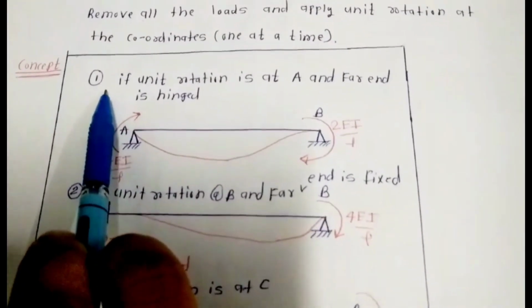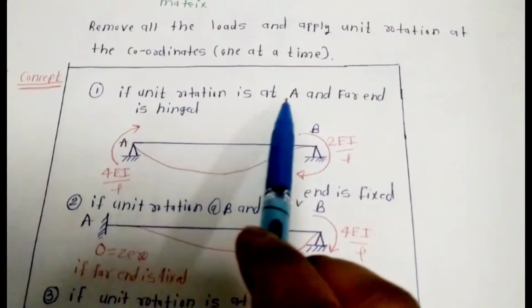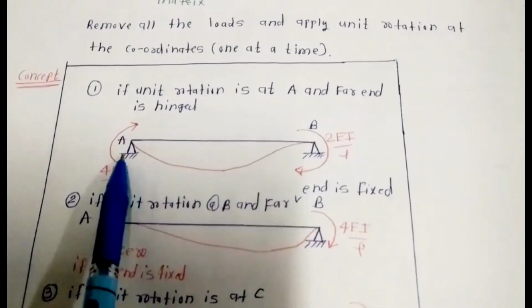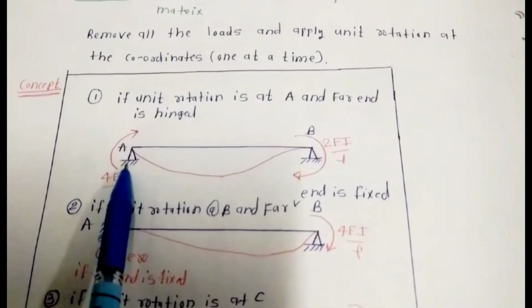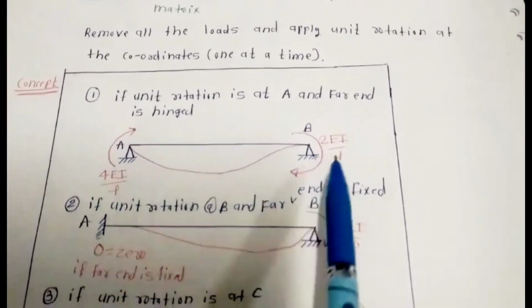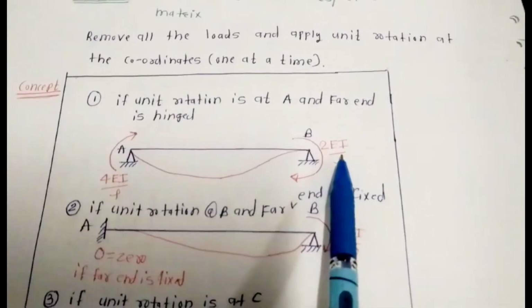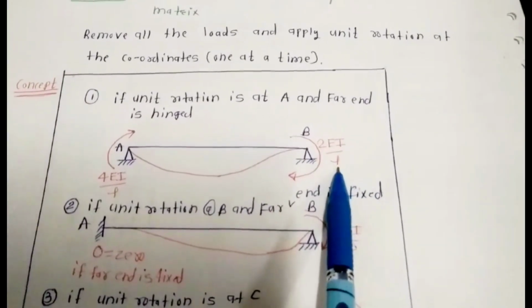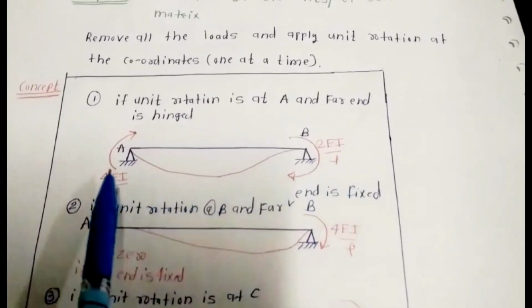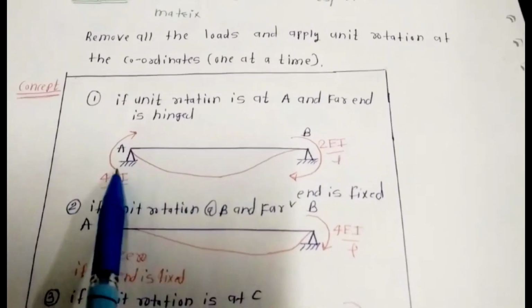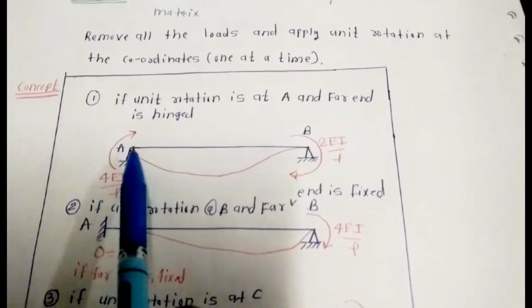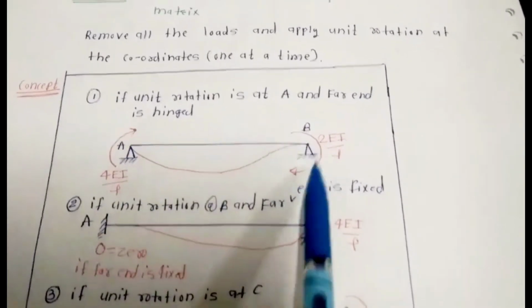First case: if unit rotation is applied at A, in that case the value at the far end, that is at the hinge end, will be 2EI upon L, and at A the value will be 4EI upon L. Both the rotations will be clockwise.